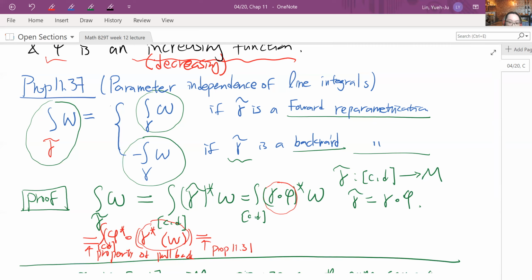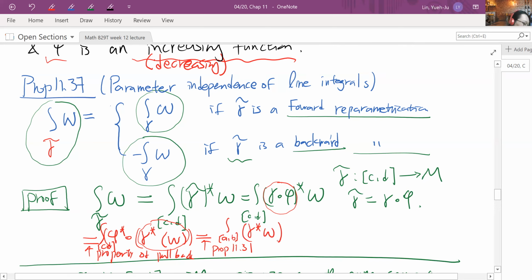So this is essentially the same as the integral on [a, b] of this thing that you pulled back. Okay, and this is exactly equal, not with a negative sign, because I'm assuming here that phi is forward.